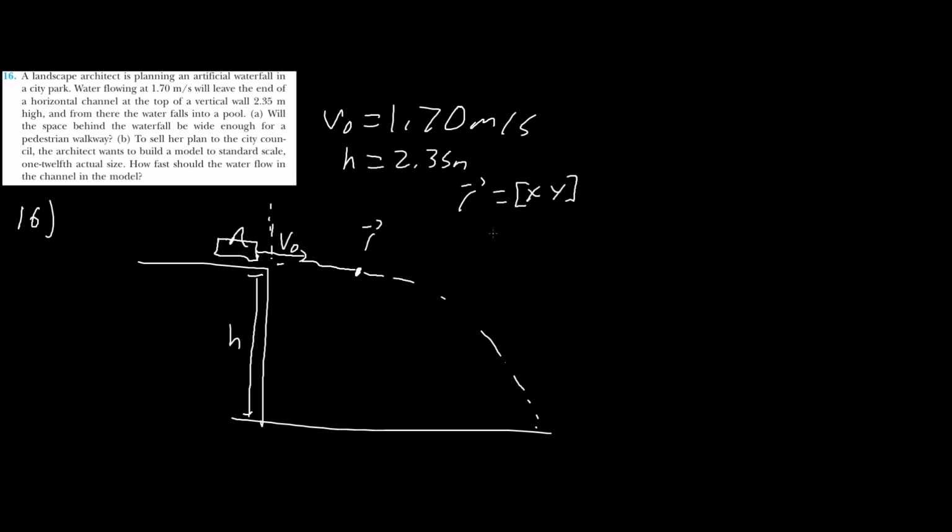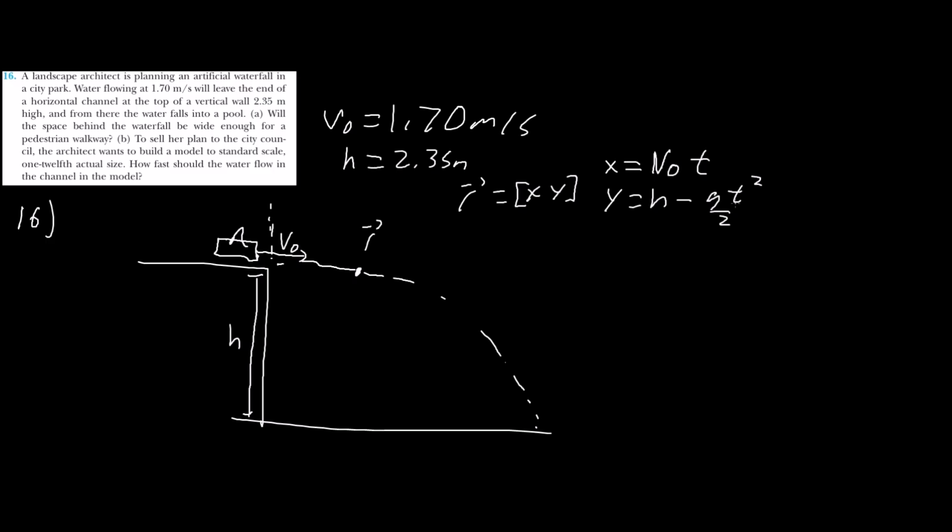And x here specifically is going to be v naught, times the time it takes. So v naught is just 1.7 meters per second. y is going to be some initial height plus or minus, in this case, since there's no component, it's just this equation right there.